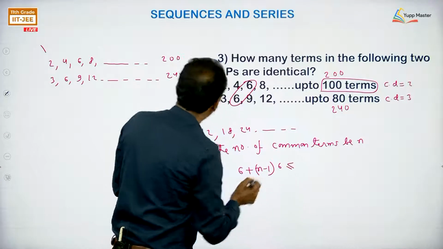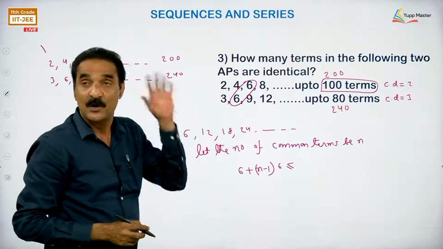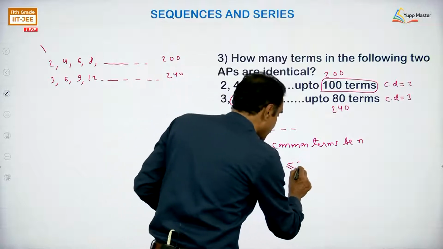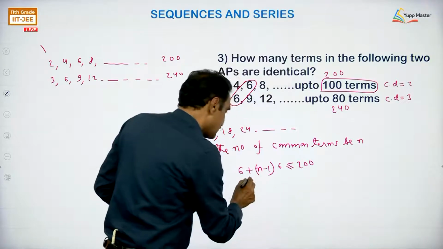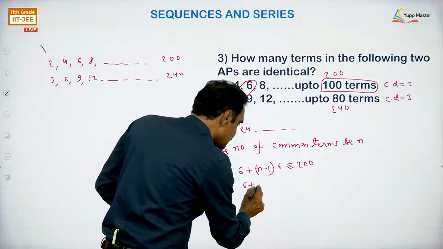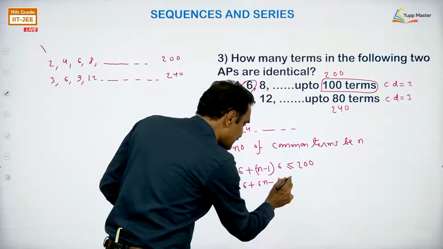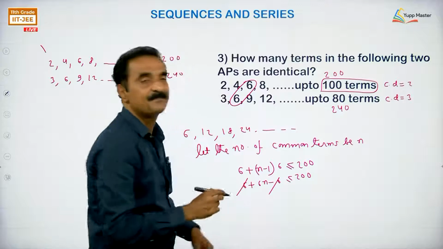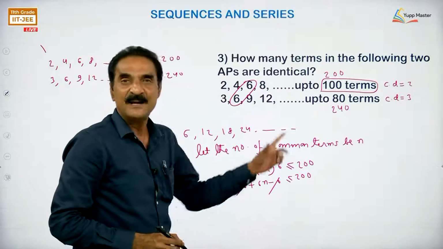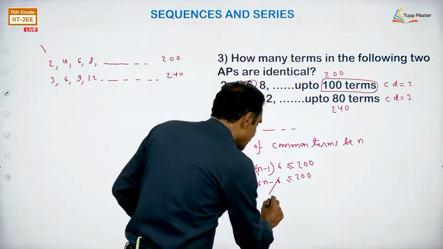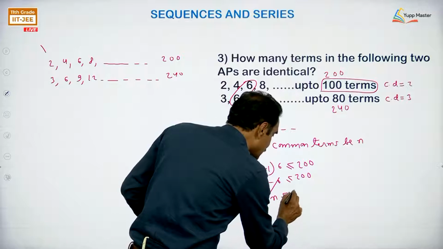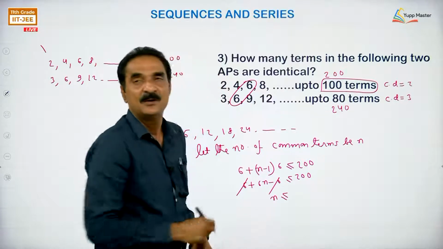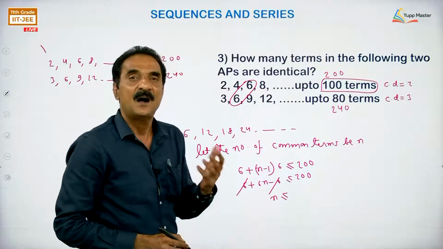This must be less than or equal to how much? 200. Then this is 6 plus 6n minus 6 is less than or equal to 200. 6 cancels. Then dividing both sides by 6, we will get n is less than or equal to 200 by 6. What is 200 by 6? 100 by 3.